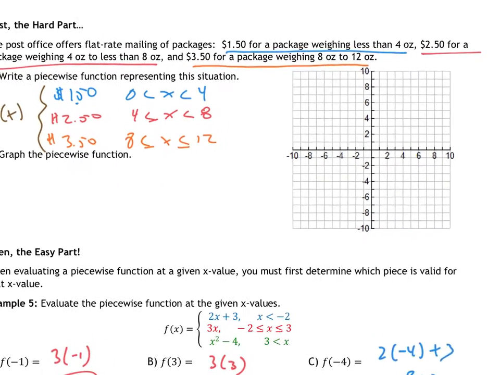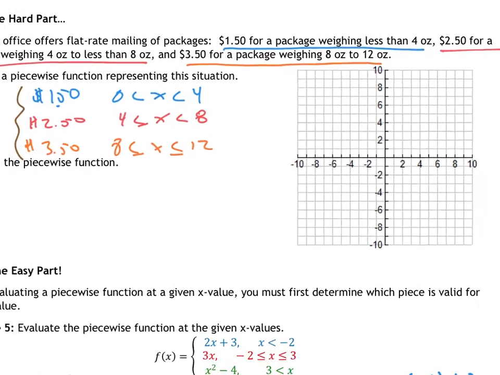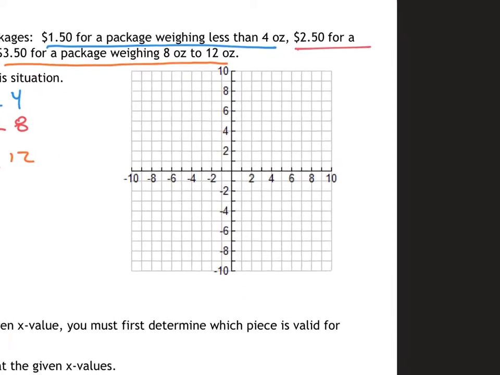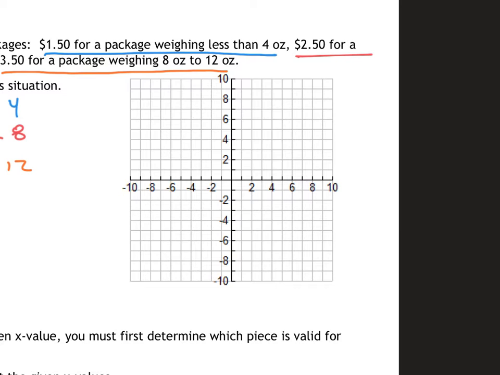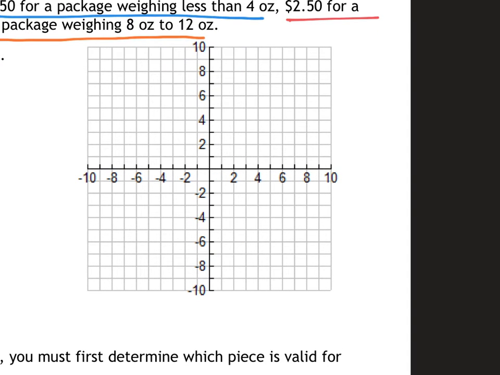So there's my step. I'm going to kind of zoom in here on the graph. So it's $1.50 if it's less than 4 ounces. So here's 4, we're at $1.50. Less than.